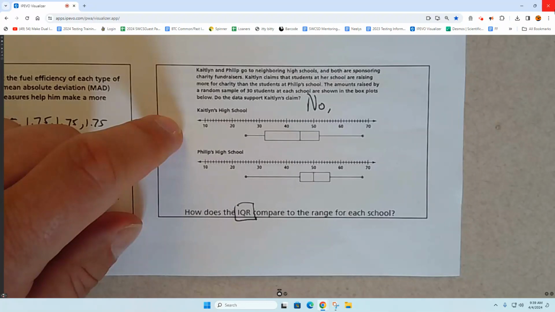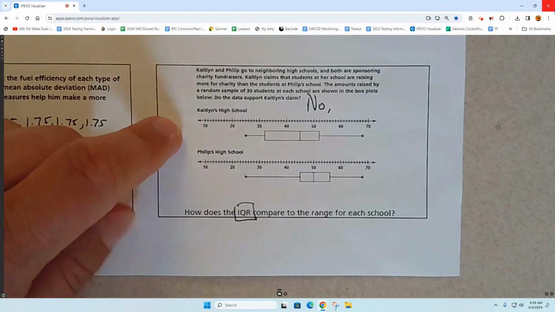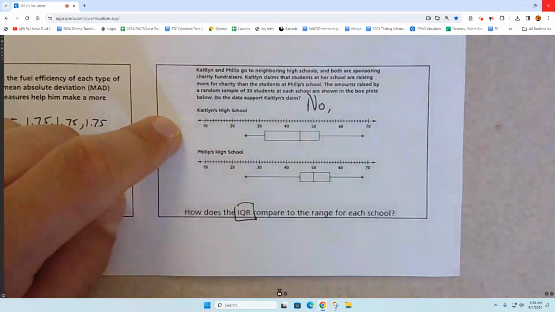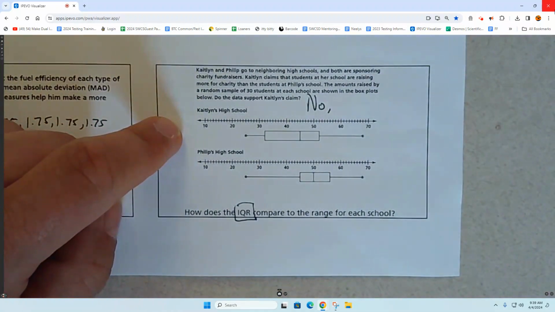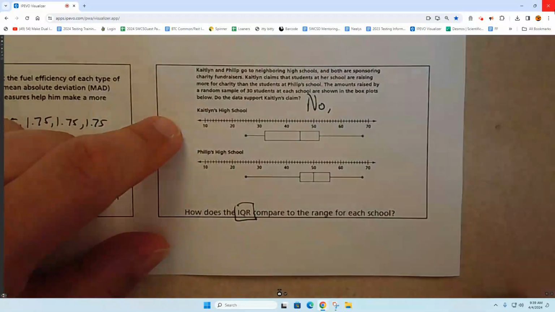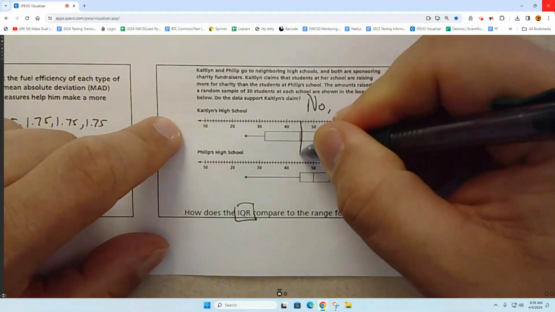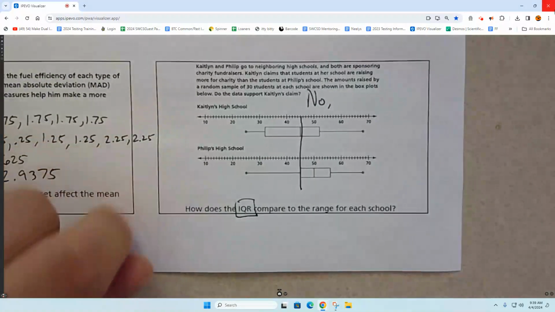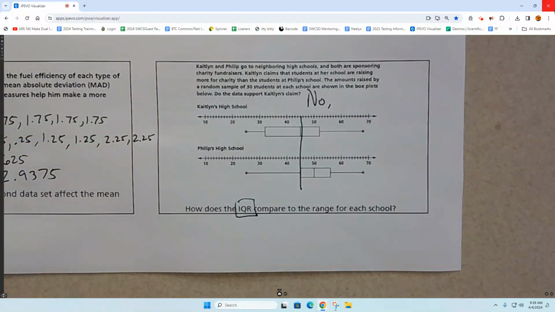right? But we said that Philip is doing better. So Caitlin could be like, what do you mean? My person who's raised the more money has raised exactly the same amount as your person, right? Here's what I kind of want to point out. Her 50% is his what? 25.